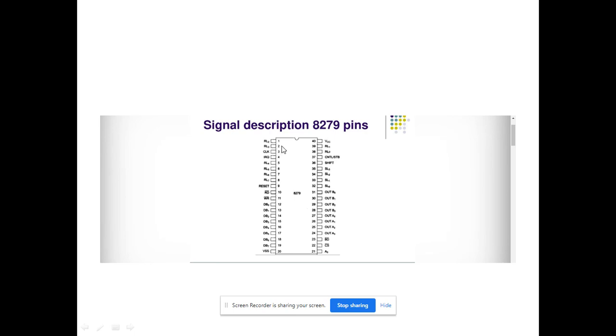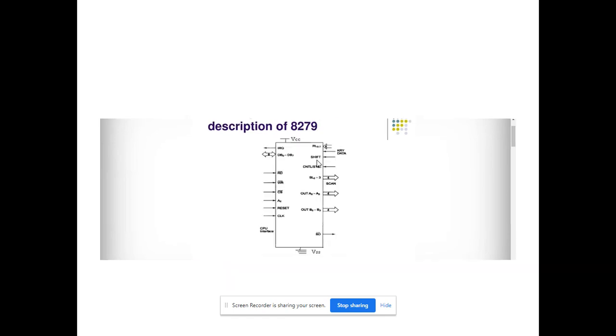Pins 1, 2, 38, 39 are used for the keyboard controller, and majorly these 40 pins are grouped into four categories or four groups.